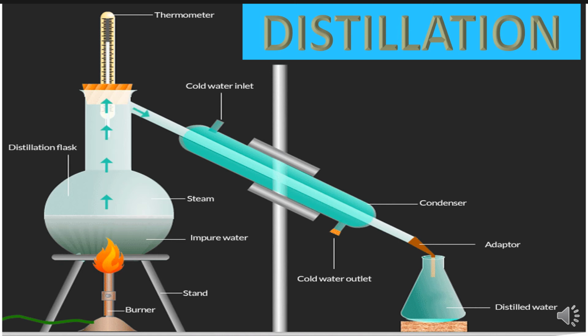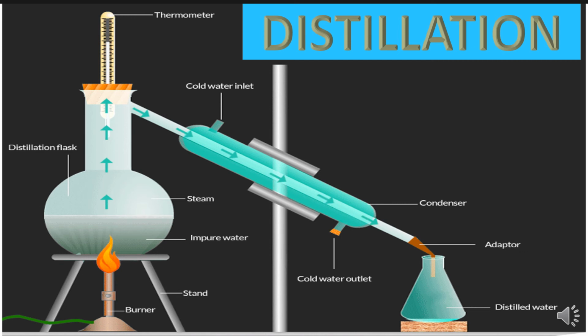When we heat up this mixture, suppose the mixture contains two different liquids having a sufficient difference in boiling point, then the component having the lower boiling point will boil first and the vapors will pass through the condenser, and the condenser has cold water flowing through it, hence the vapors will get condensed into liquid again and will fall in the container which is taken at the outlet of this condenser.